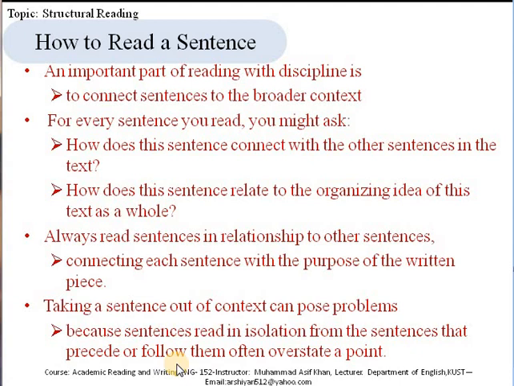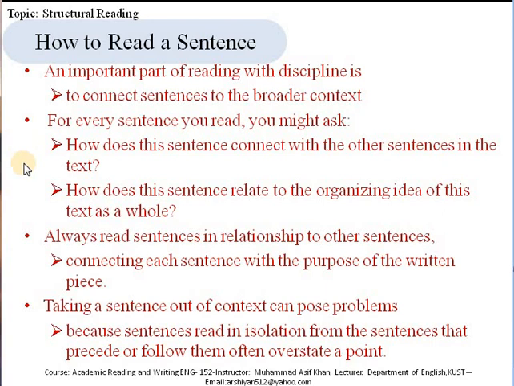Read a text generously. It is the responsibility of a good reader to look for the qualifications of a point that might otherwise seem false or overstated. So connecting sentences with the main purpose, and connecting sentences to the broader structure within which they are located, is very important for a critical reader.